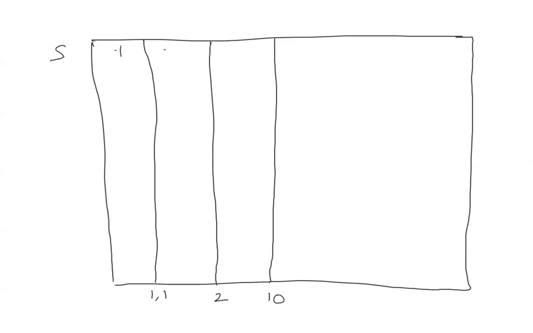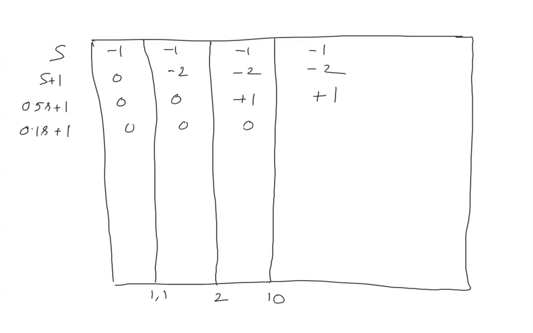In the denominator, -1, -1, -1. So S plus 1, 0, 0.5 S plus 1, 0, 0, plus 1, plus 1. 0.1 S plus 1, 0, 0, 0, -1.